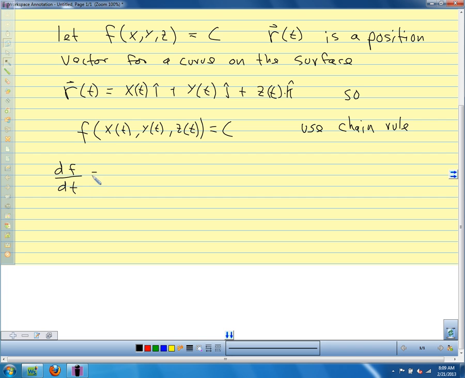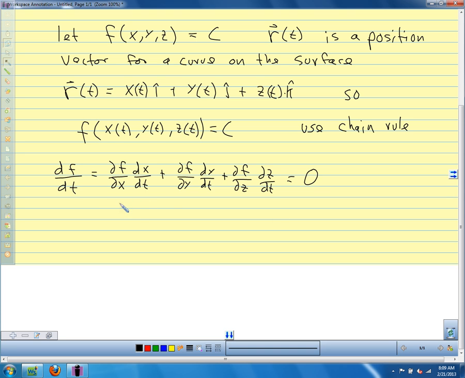So df dt using the chain rule is going to be the partial of f with respect to x times dx dt plus the partial of f with respect to y times dy dt plus the partial of f with respect to z times dz dt. And what is this going to equal? 0. Derivative of a constant is 0.